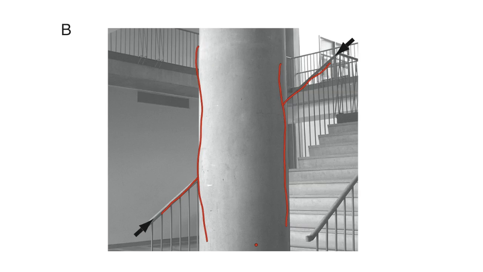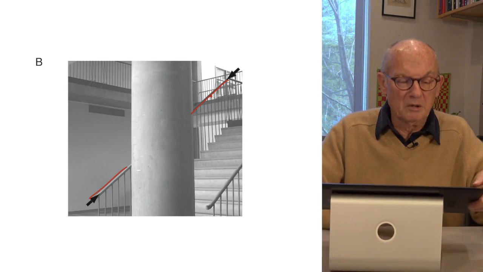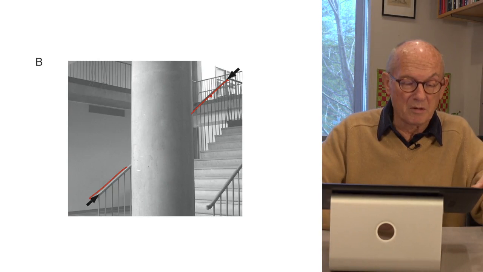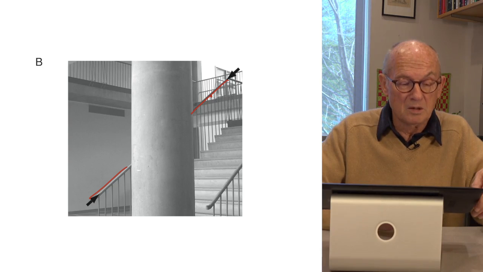This actually happens to be downstairs in the lobby from where I'm recording this. But you can, again, find these instances everywhere if you look for them. So physically, it's obvious that the railing is the same piece of stuff, but in the reality of this scene, if I go down to the lobby and look at this, I see exactly the same thing. I see the Poggendorf effect perfectly well.